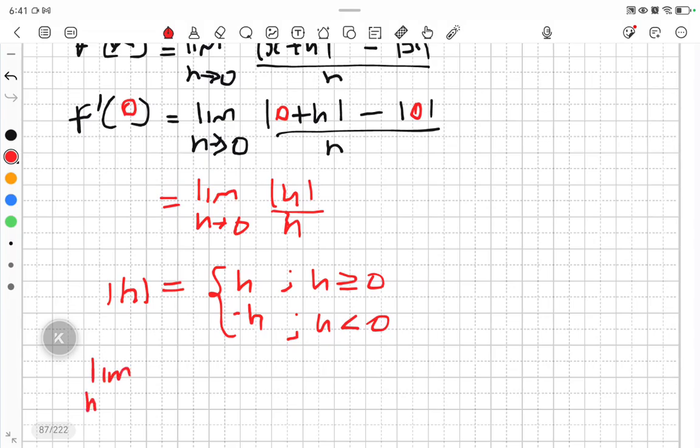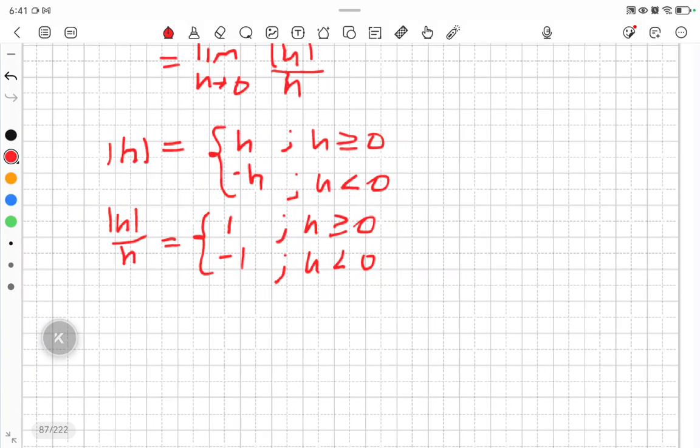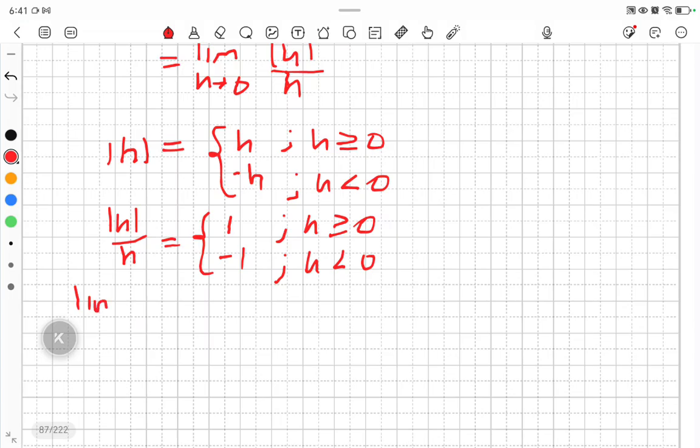The limit is, or maybe let me transform it step by step, right? So if I come here and divide by h, this will be 1, this will be minus 1. Is that right? As h approaches 0 from the right, and then as h approaches 0 from the left. And then now I need to come and put the limit, right?